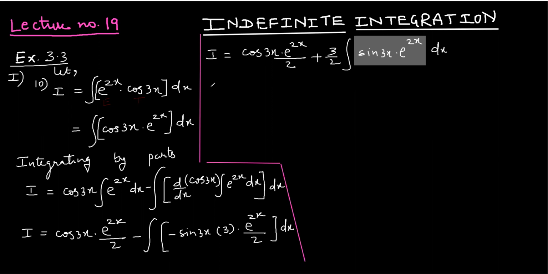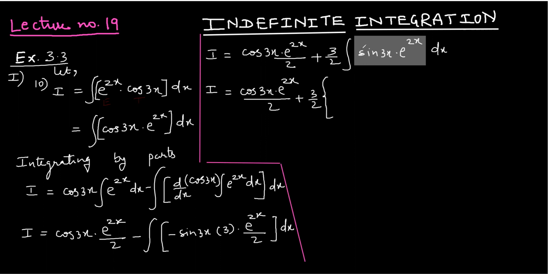So I write here, integrating by parts, I equals cos 3x into e raised to 2x upon 2 plus 3 by 2, and then I make a big bracket.